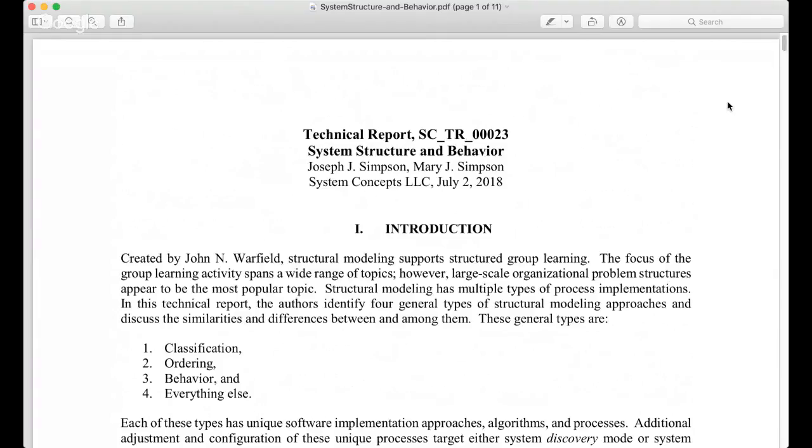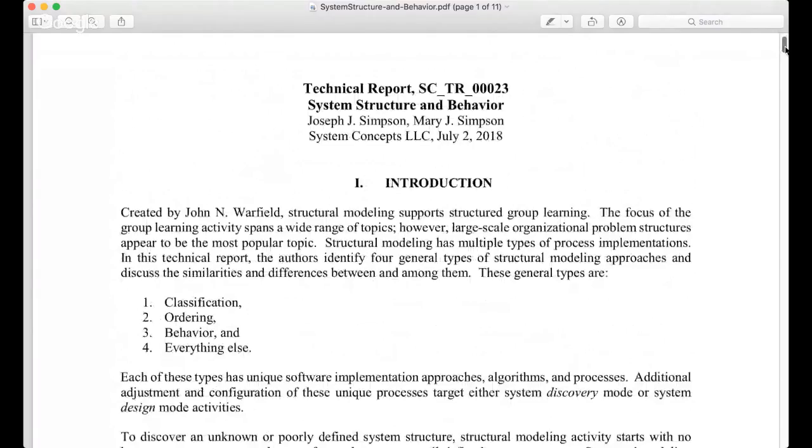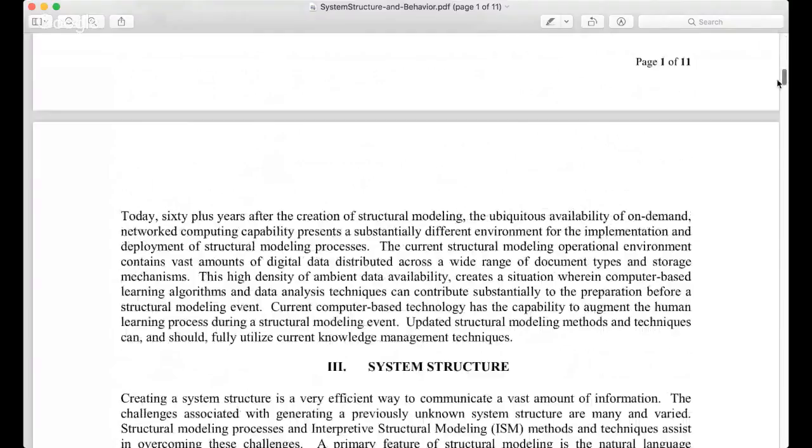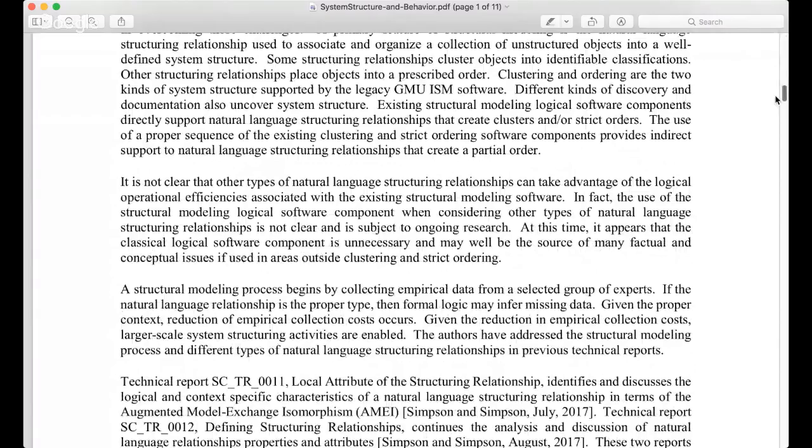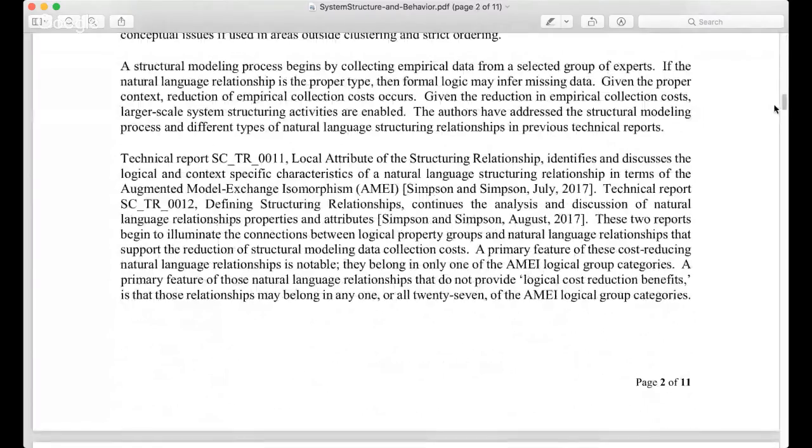The other question was about the ISM side, and you referred to a technical report 0012, I think. When we import those we change the name, so I was having trouble finding it.